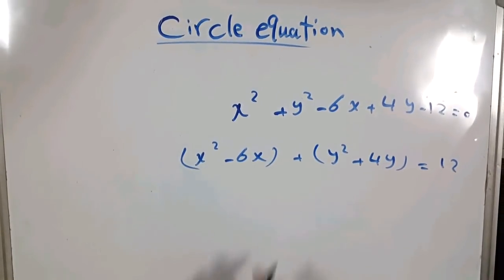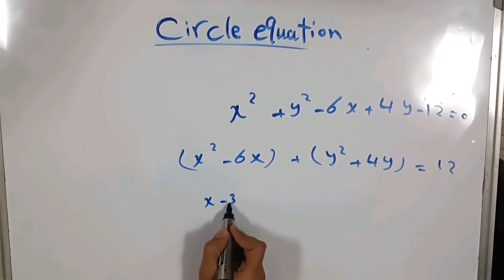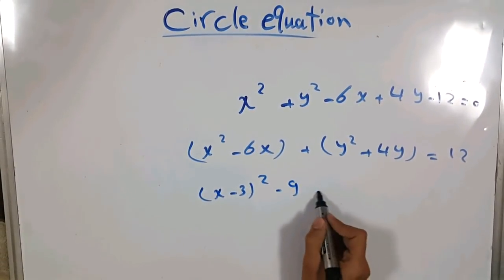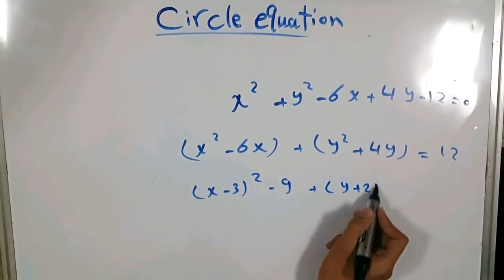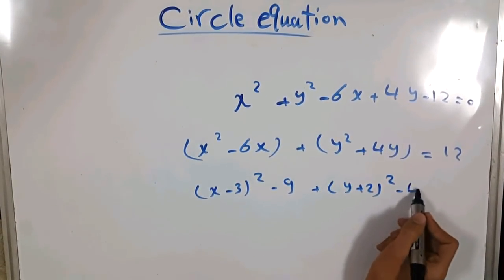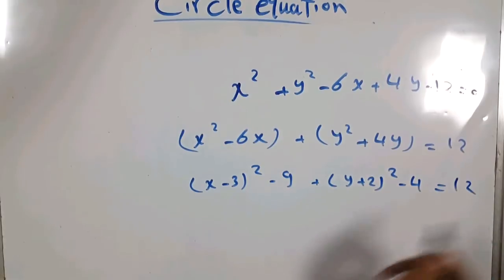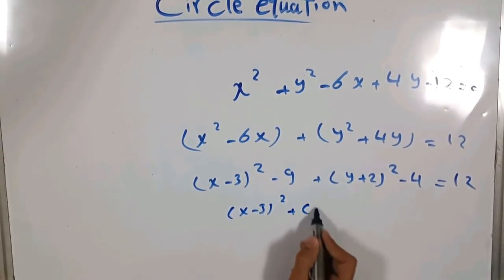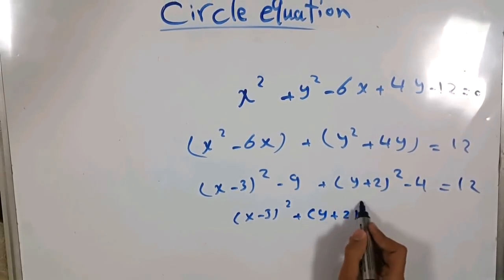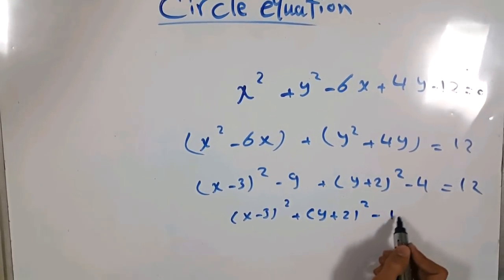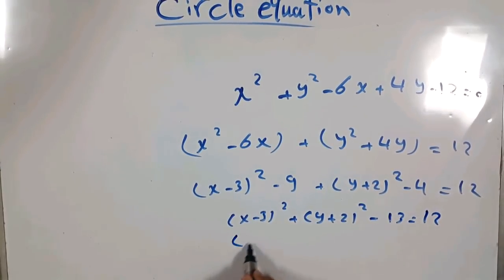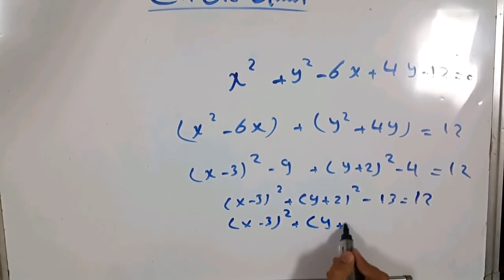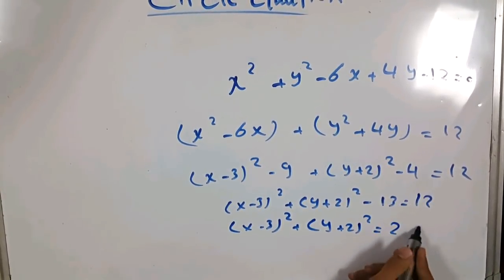And we take half of the coefficient, so it will be (x minus 3) squared minus 9 plus (y plus 2) squared minus 4, and all this equals 12. So (x minus 3) squared plus (y plus 2) squared minus 13 equals 12. So (x minus 3) squared plus (y plus 2) squared equals 25.